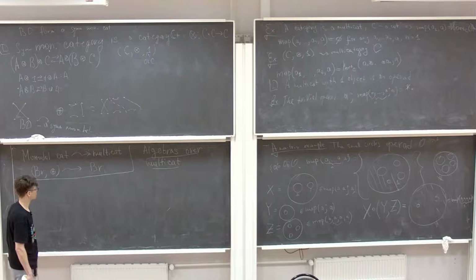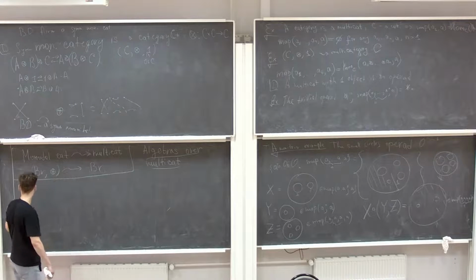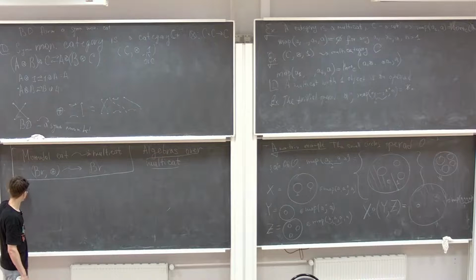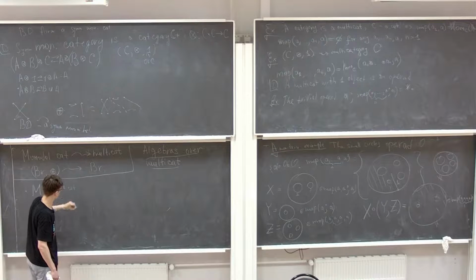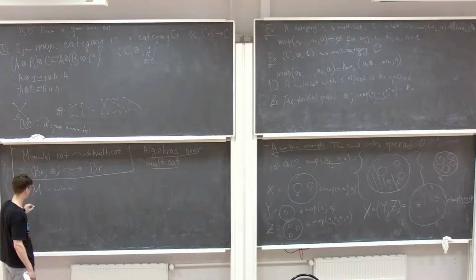What is this? Well, assume that we have a multi-category M and a monoidal category, for example C, with product.